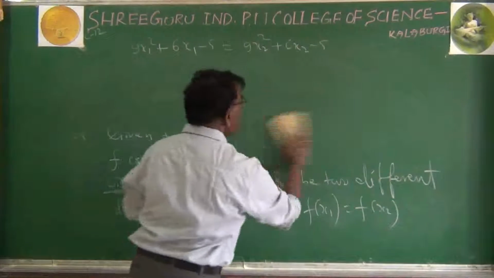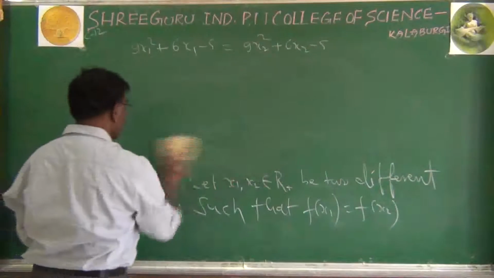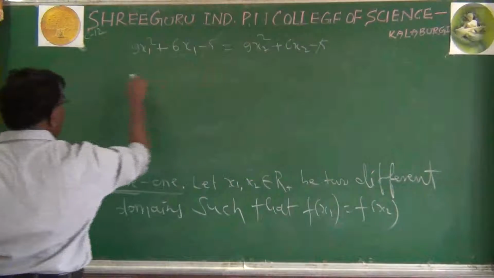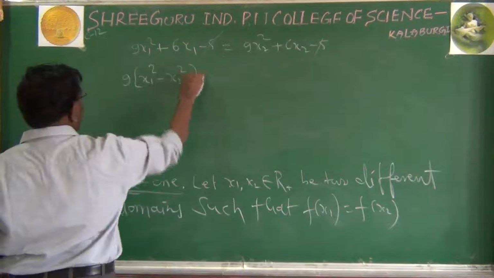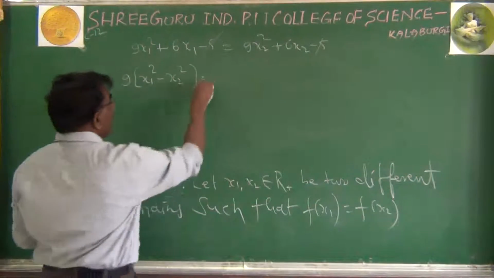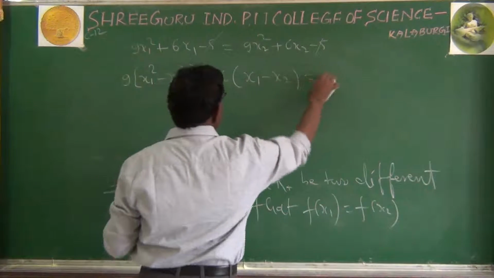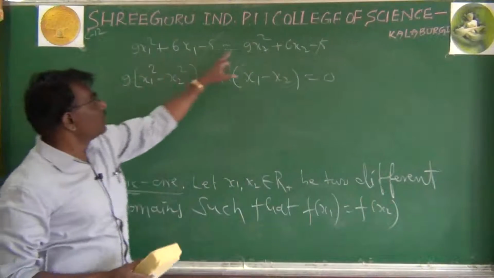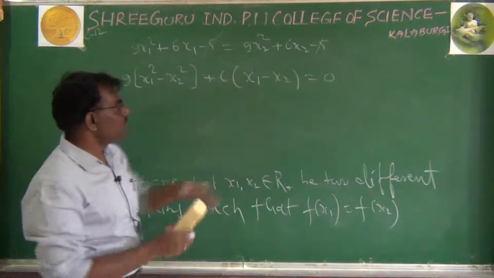We have to prove x1 equals x2. Minus 5 cancels. 9 common: x1 square minus x2 square, plus 6 common: x1 minus x2 equals 0.